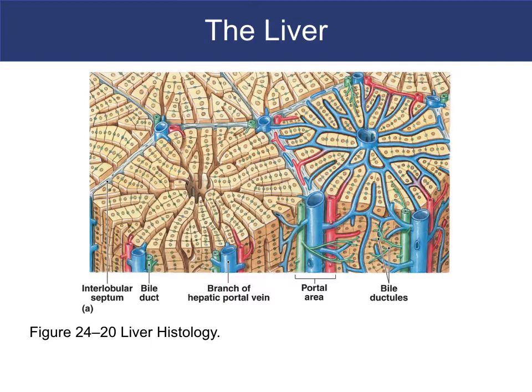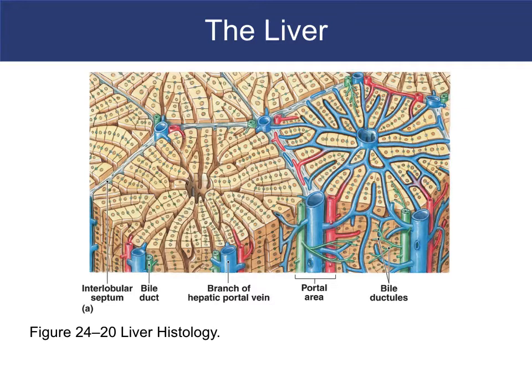All these little boxes here are hepatic cells, liver cells. The liver cell gets the blood on one side and processes it as it flows, as it works its way through the liver cells. And on the other side, it puts the bile out into the bile duct. And the rest of the blood continues to flow on through.